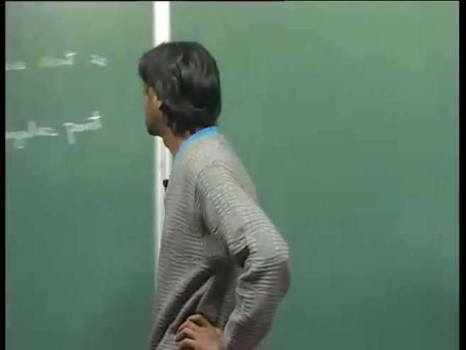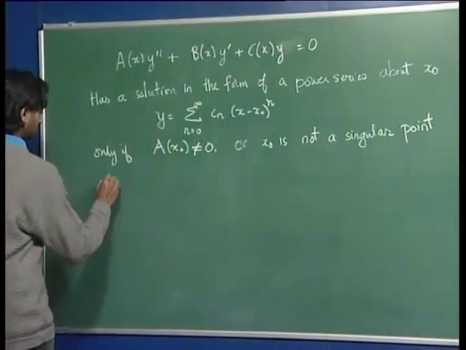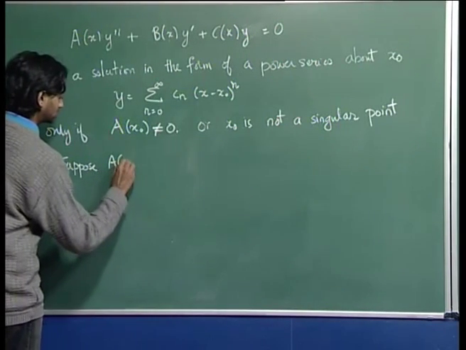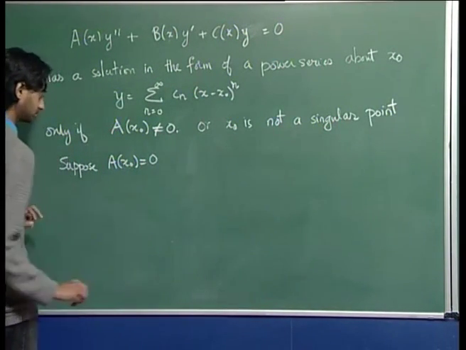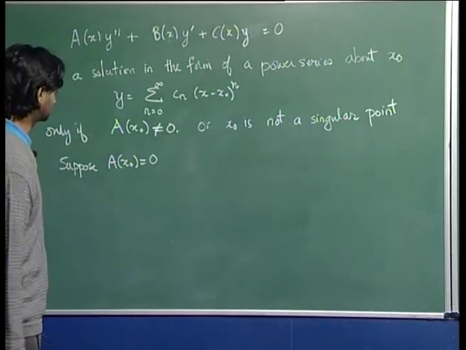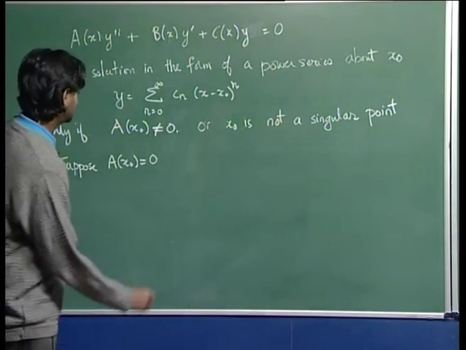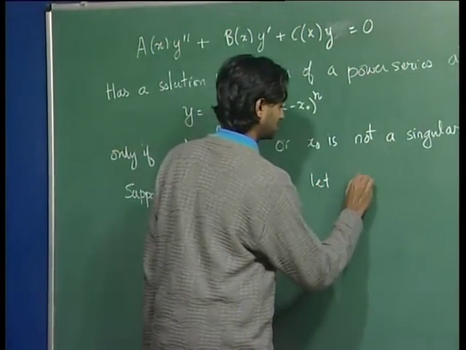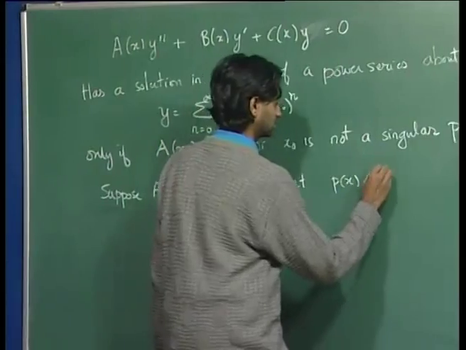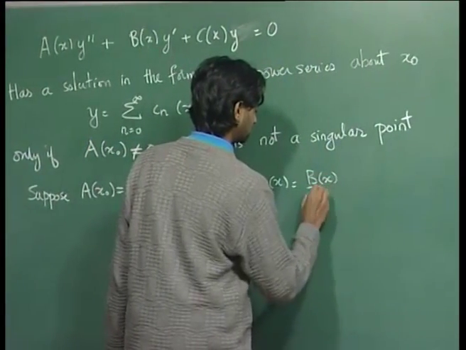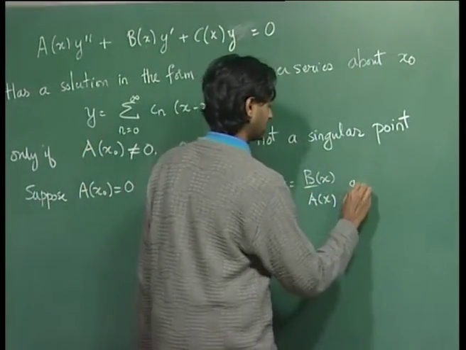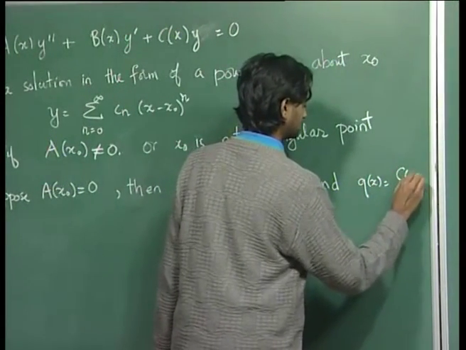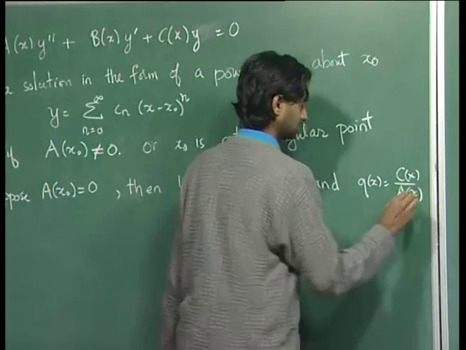Now, suppose a of x 0 equal to 0, okay. Then let p of x be equal to b of x by a of x and q of x equal to c of x by a of x.